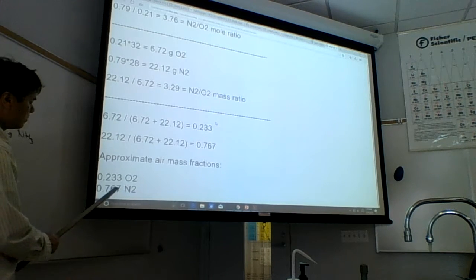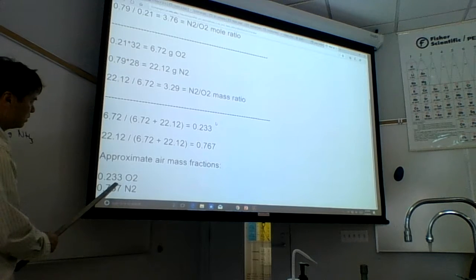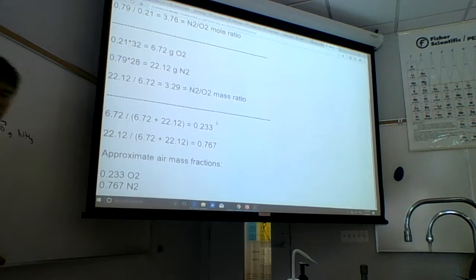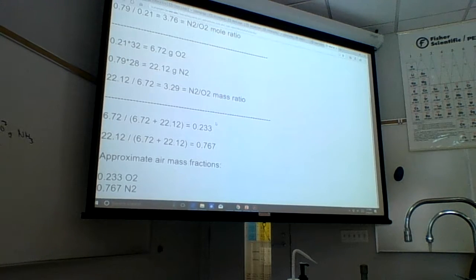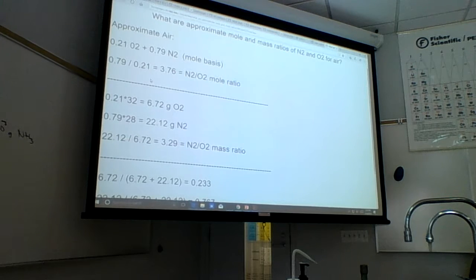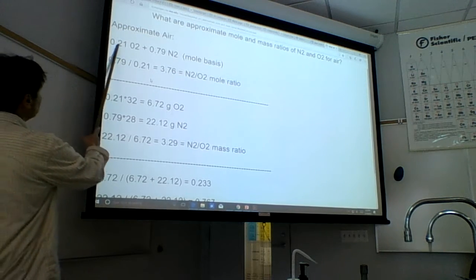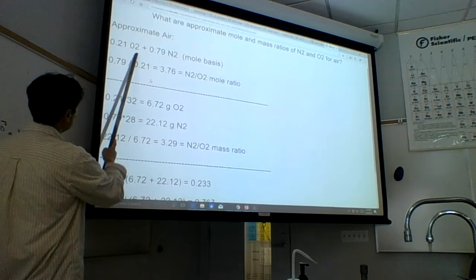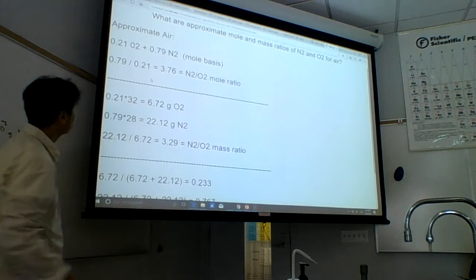So percent by mass is close, but oxygen's heavier, so it's a little higher here. There's percent by mass. If we look at percent by mole, this is the fraction. So this would be 21% oxygen, 79% nitrogen.